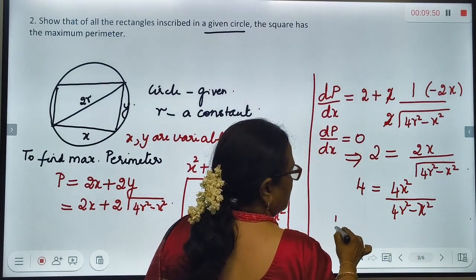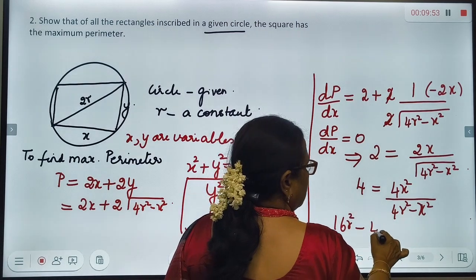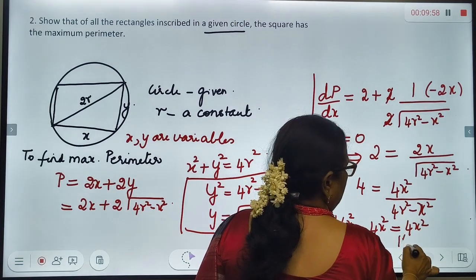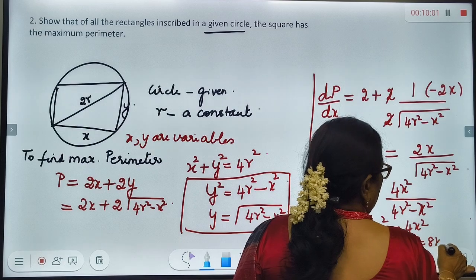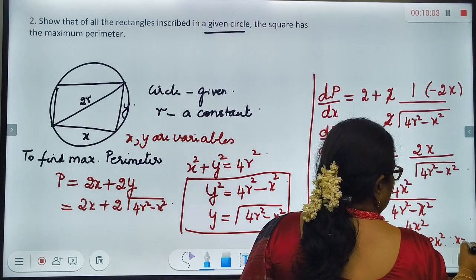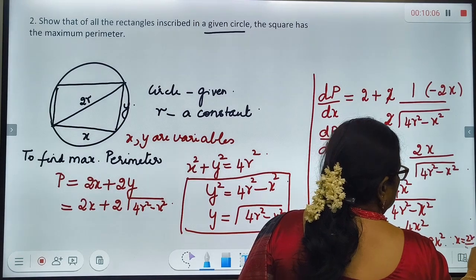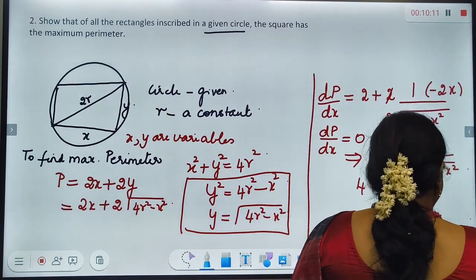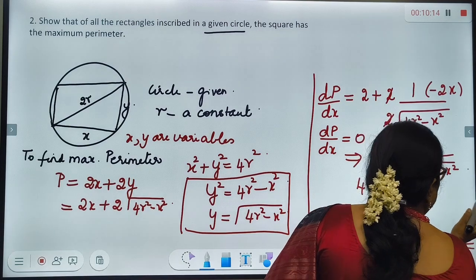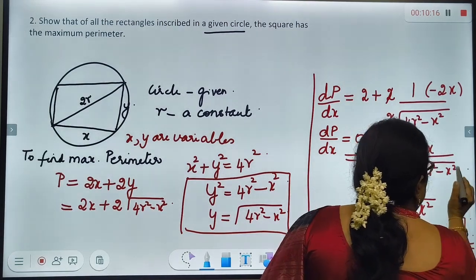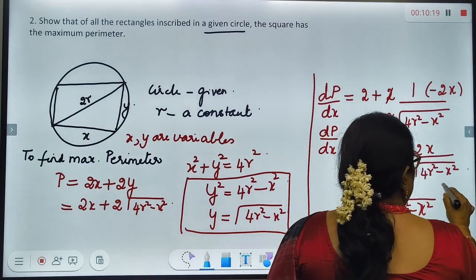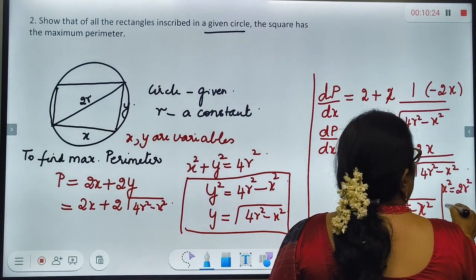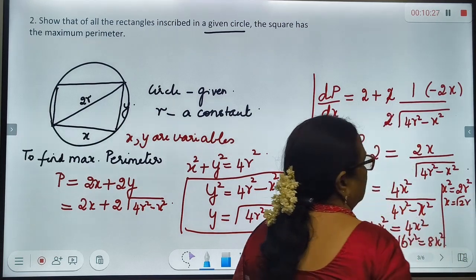So what will I get? 16r square minus 4x square equal to 4x square, or 16r square equal to 8x square. So x square will be 2r square. So x is root 2 r.